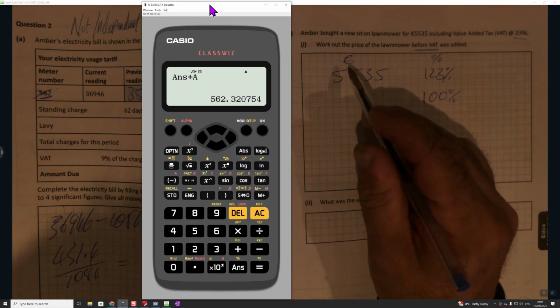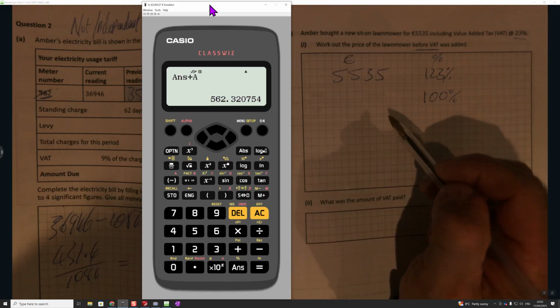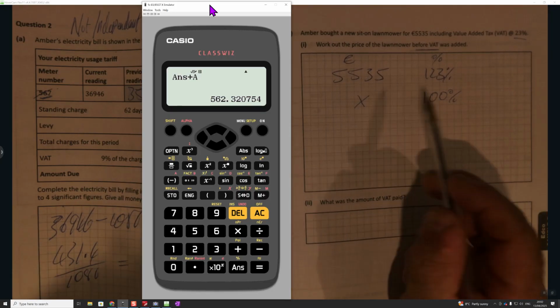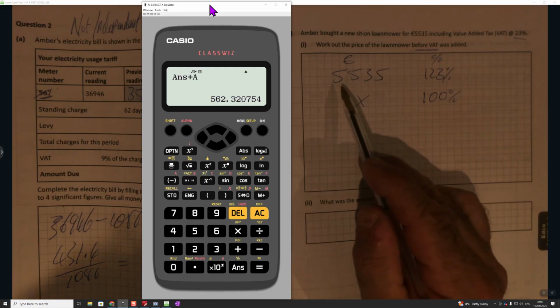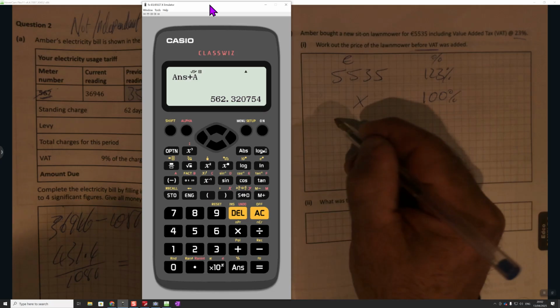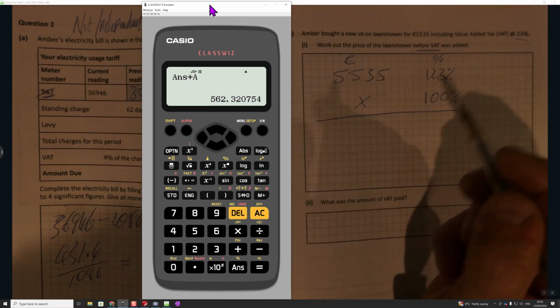Okay, and as this is a proportion, because we have two ratios, I can just put down my unknown quantity here. X is to 100% as 5535 is to 123%. Okay, and then we can just go ahead and look at the ratios of the numbers.